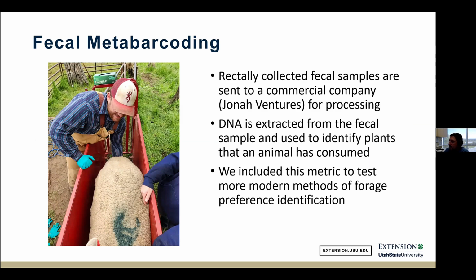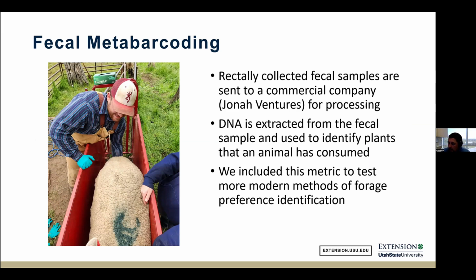I'm not sure I'm convinced on the producer aspect of it yet, just because of the cost. But it essentially looks at the DNA makeup of the plants in the fecal matter that these animals are consuming. And so we got a pretty good idea of what type of plants they're eating just by taking a fecal sample.